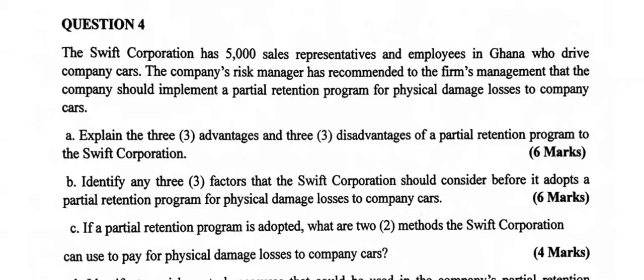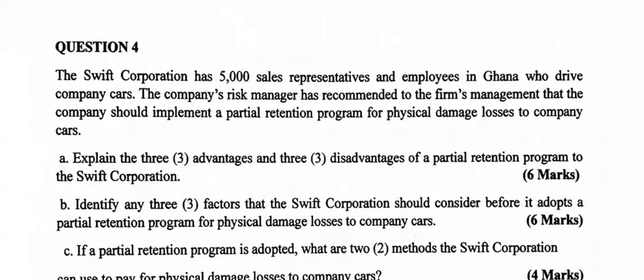Okay, so this is question 4, and it's about the partial retention program. I'm using red font color. Partial retention means that Swift Corporation is going to take a portion of the losses when they occur, and also transfer a portion of the losses to an insurance company to cater for it, right?